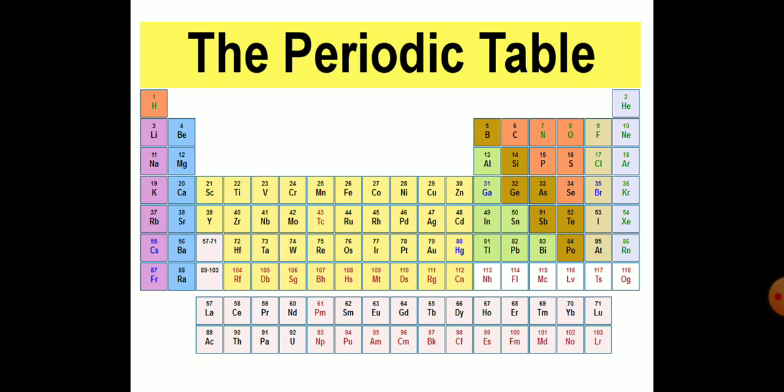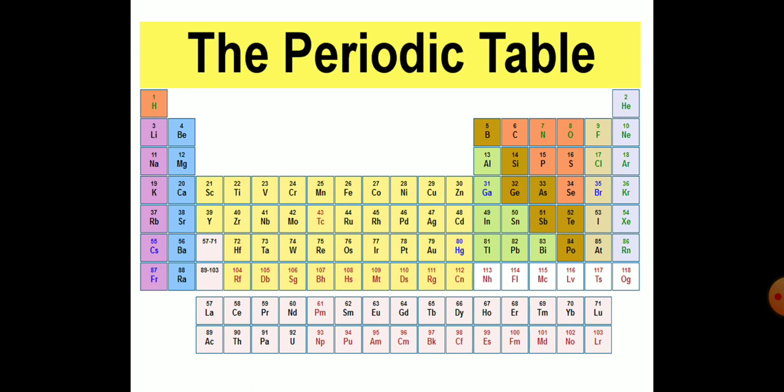And then we have 2 rows in the bottom, starting from 57 to 71 and 89 to 103. What is that? They are called lanthanides and actinides, which you'll be learning next year in the 8th standard. So as of now, you will have this periodic table with 118 elements.